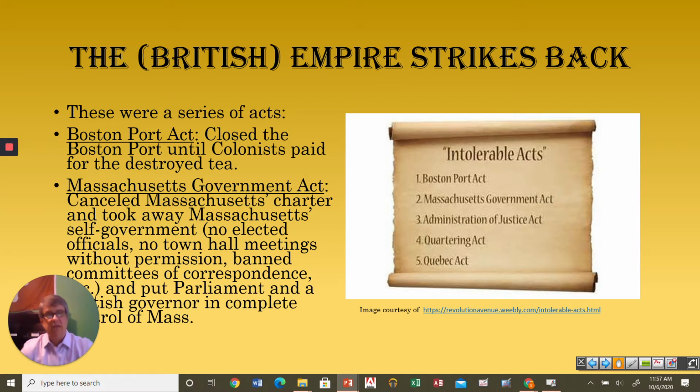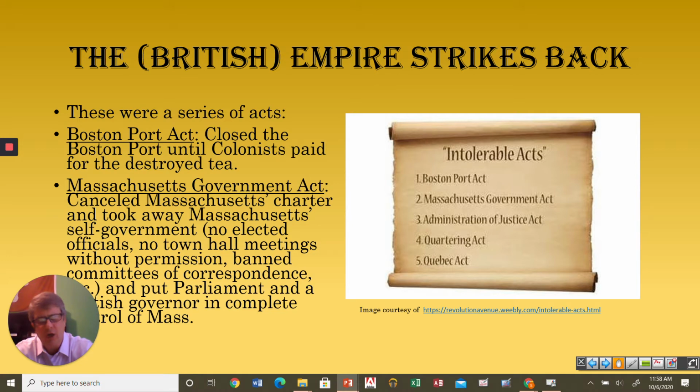Now remember, Massachusetts is where the Pilgrims had landed way back in 1620. They wrote the Mayflower Compact, and we've been talking about that almost the whole length of our course. These examples of self-government in the colonies: you had the House of Burgesses in Virginia going back to 1619, and the Mayflower Compact being written in 1620.